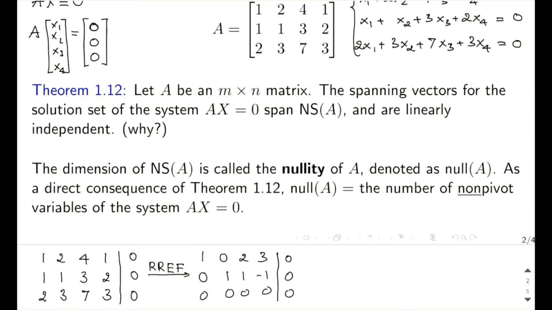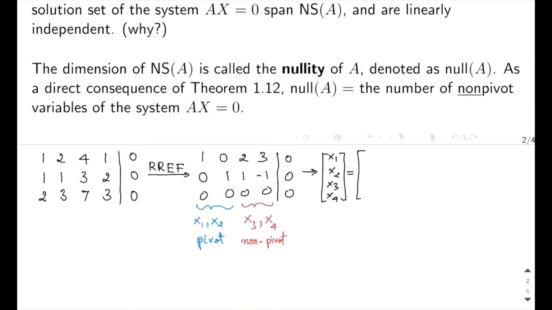Now from here, you can easily see that your solution is going to be the following one. This is pivot entry. So x1 and x2 are the pivot variables. x3, x4 are the non-pivot variables. Right? And our common practice is to let the non-pivot variable being free and compute a pivot variable based on them.